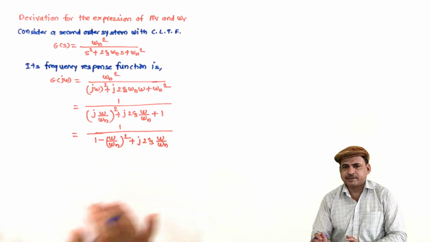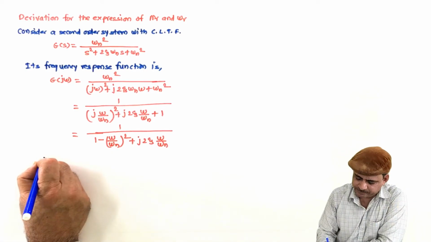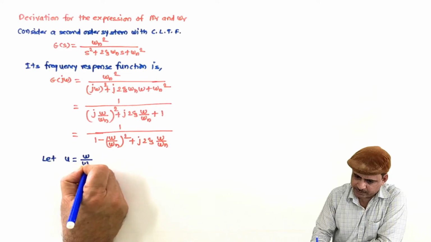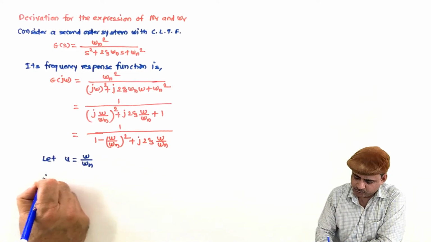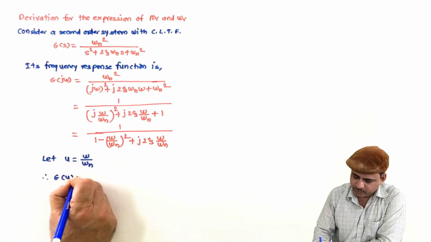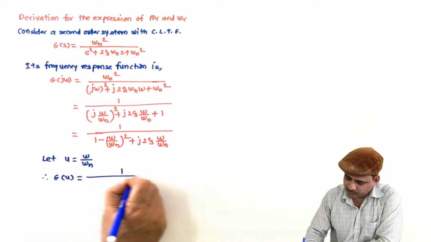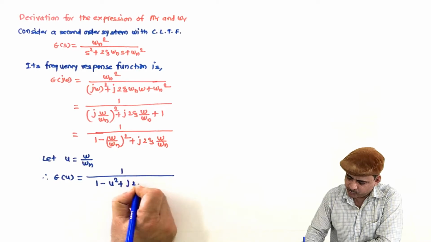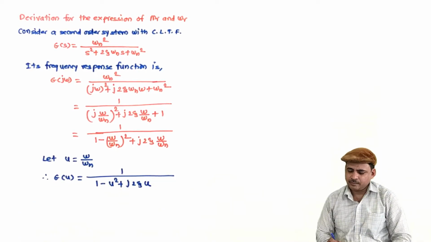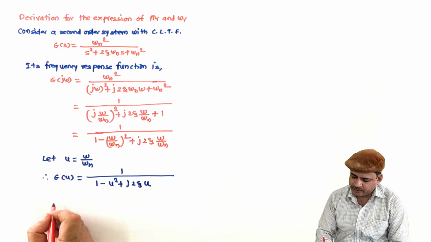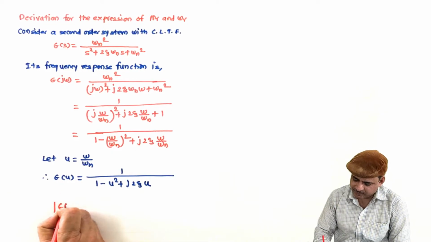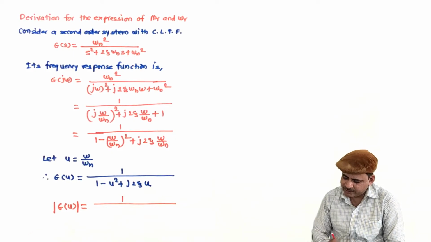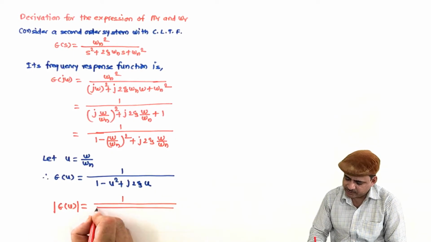So to avoid the complications of the variable, let u be another variable which is given by omega by omega n. So G(u) will be equal to 1 upon 1 minus u square plus j 2 zeta u, and its magnitude can be computed as, magnitude is always under root real part square plus imaginary part square.